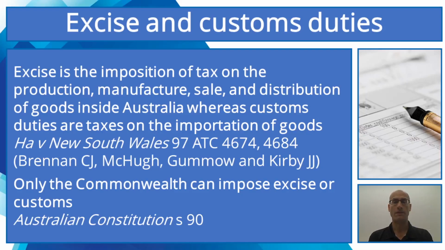What happened in the 90s in this Hammond and New South Wales case is that the High Court essentially ruled, what many said was unintuitively, to render the state licensing and excising systems unconstitutional.